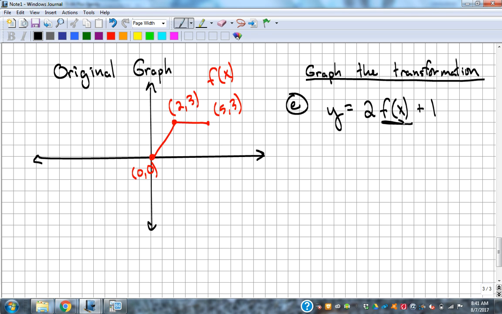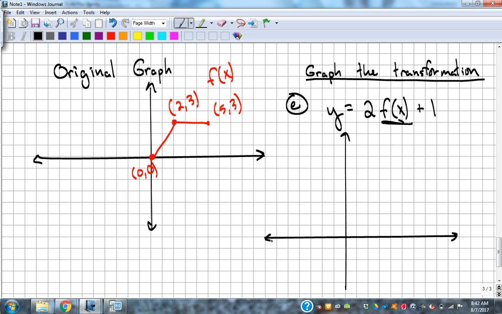What do we have as ordered pairs? We got x's and y's, right? So we're going to double the y values, and then we're going to add 1 to move them up. So our new graph is going to look a little different, but very similar. It's not going to change the whole look of things.